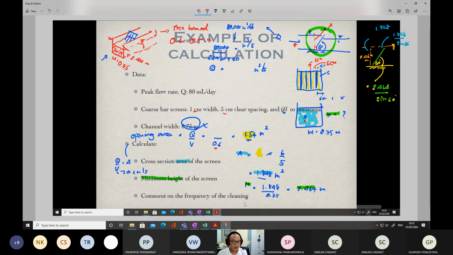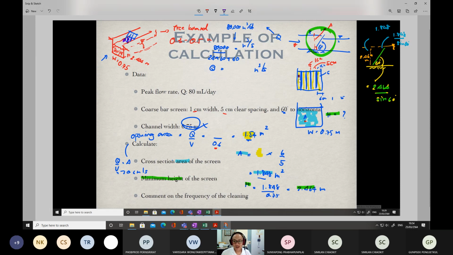And the last question: comments on the frequency of cleaning. What does it mean? The thing is, you have to imagine the real situation for the screen. After operating for some time, the trash may get entrapped in front of the screen.